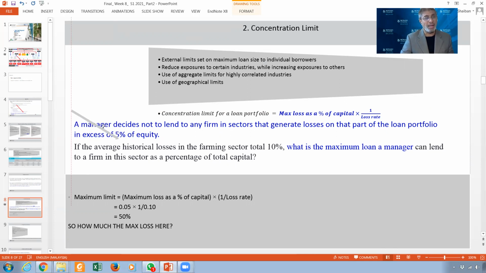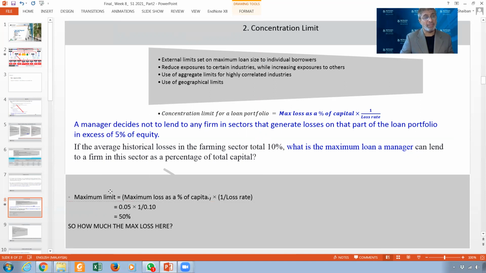So if you want to limit yourself to these 5%, and you find an industry that is making a loss of 10%, so if the average historical losses in the financing in this farming sector is 10%, what is the maximum loan a manager can lend to a firm in this sector? So, if you know this 10% and you have a limitation of 5%, how much of your capital you can lend? According to this formula, you can lend 50%.